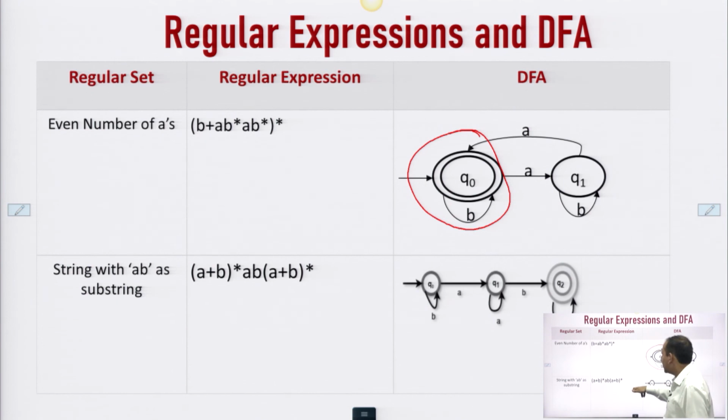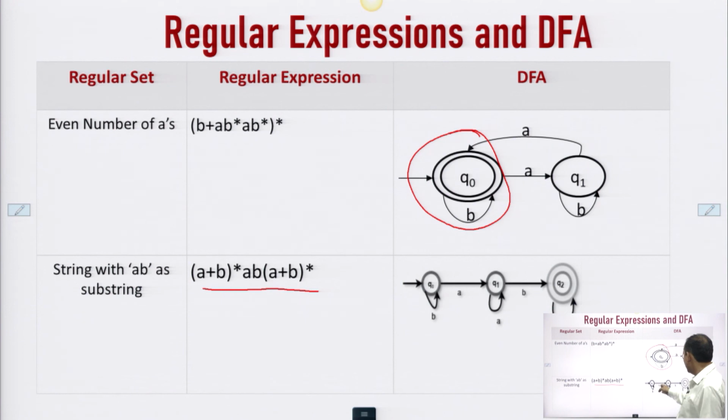In the second example, the language is strings with AB as a substring. So all the words in which AB is a substring. This is the regular expression for that, and this is a DFA. In this DFA, we have three states: Q0, Q1, Q2. Q0 is the initial state, and the machine starts in Q0.